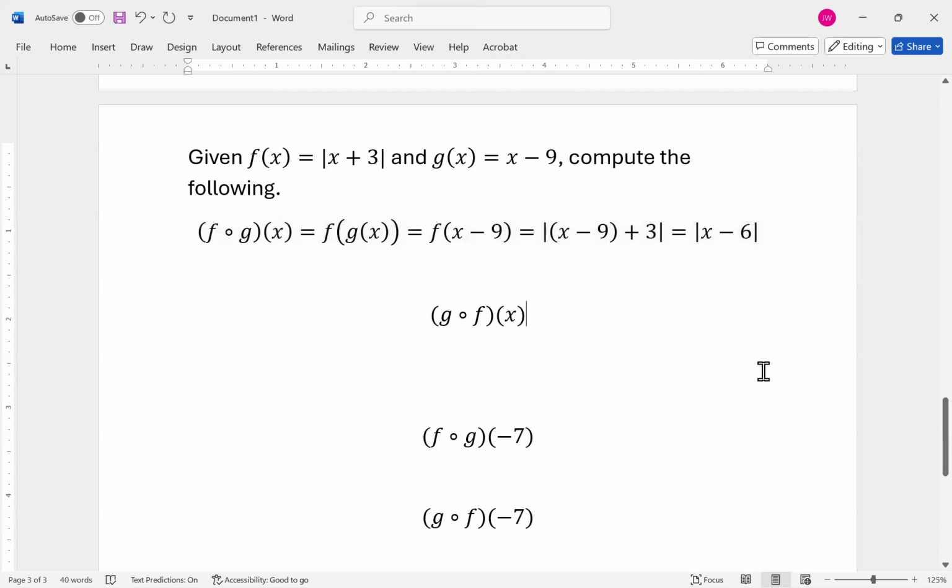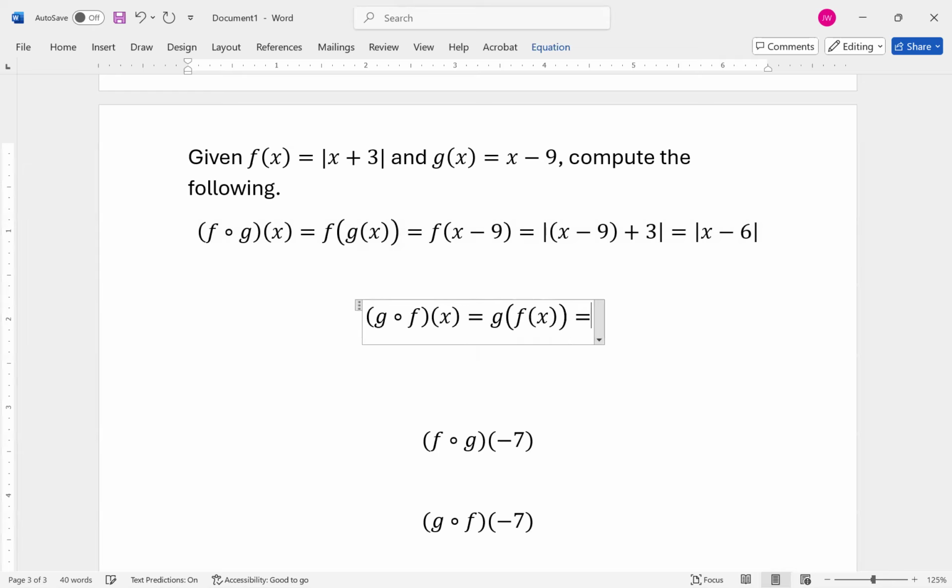G of f of x, on the other hand, I would take the g and I'm going to input the output of f of x. So for my input for g, I'm going to plug in absolute value of x plus 3.